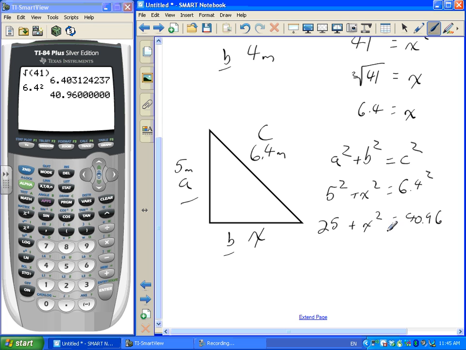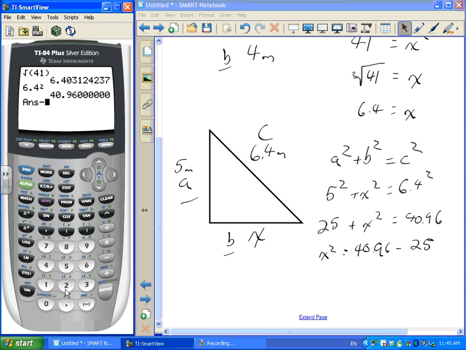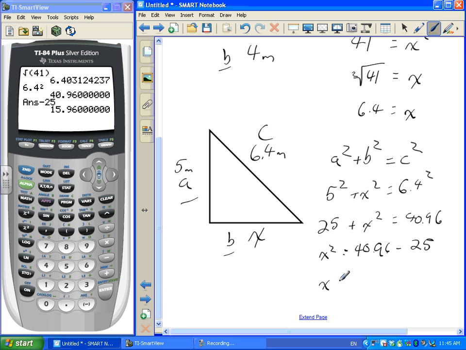Now, I need to isolate x, so I'm going to bring 25 to the other side. This becomes x squared equals 40.96 minus 25. Subtract that on our calculator. x squared equals 15.96.